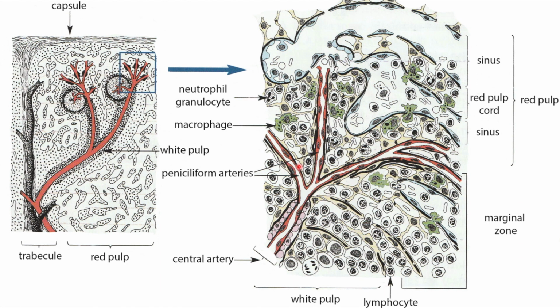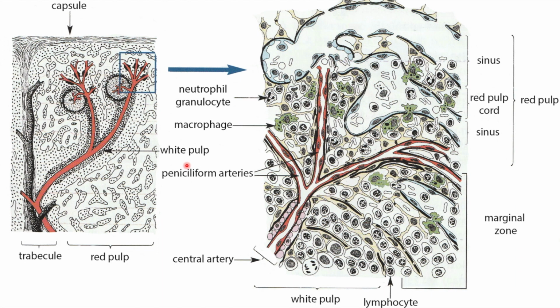In another group, the terminal arterioles will enter the mentioned marginal sinuses for the purpose of homing. And probably the third is the most interesting one. So the central arterioles will branch further in a brush-like form, and these arteries are called the penicilliform arteries.